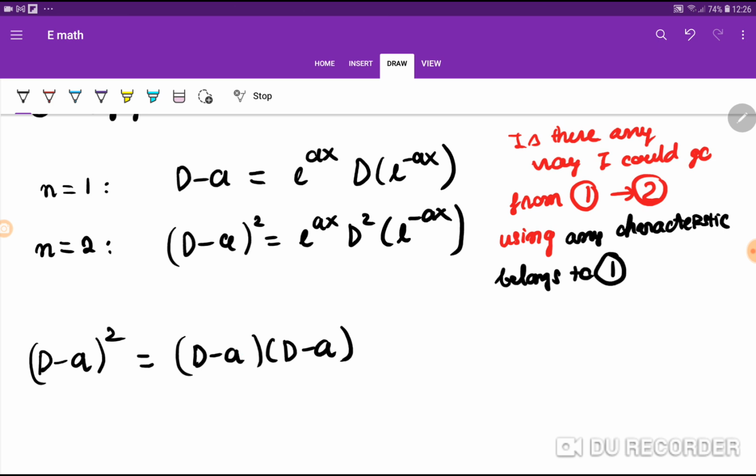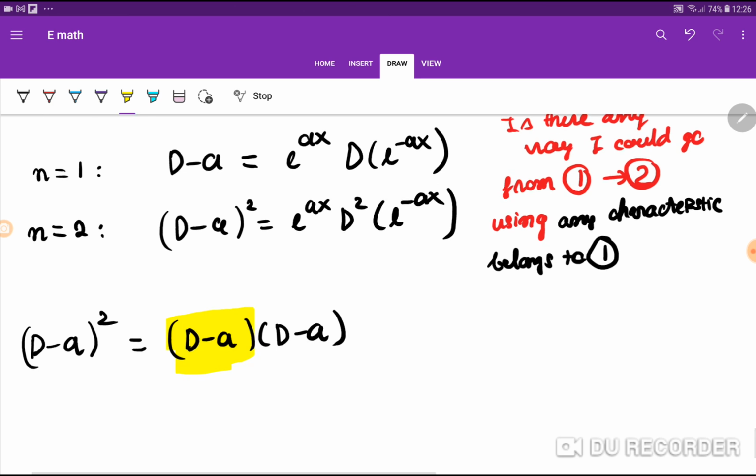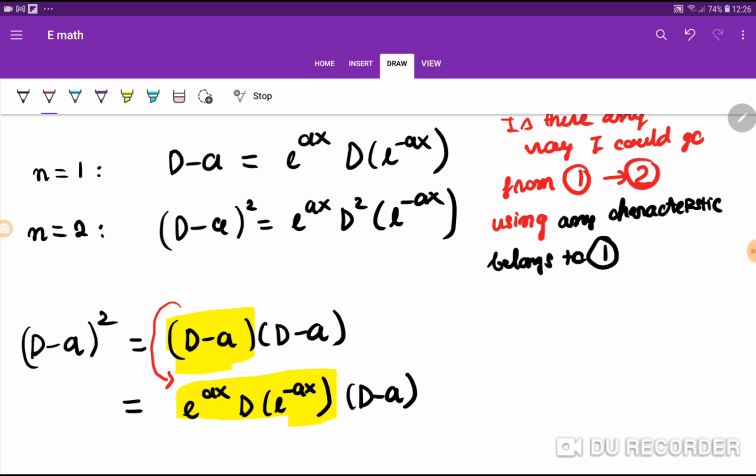All right. Now I'm gonna replace d minus a with this. It's from n equal 1, right? This is 1 characteristic. You see what I'm saying? I'm just gonna replace them.